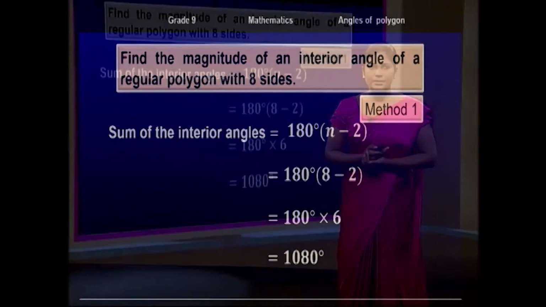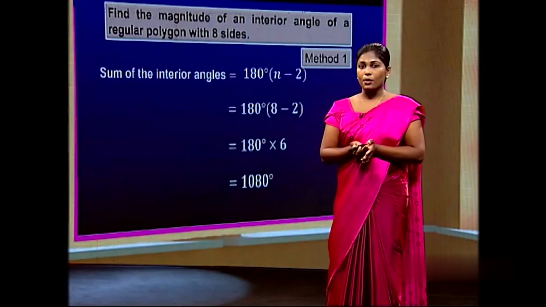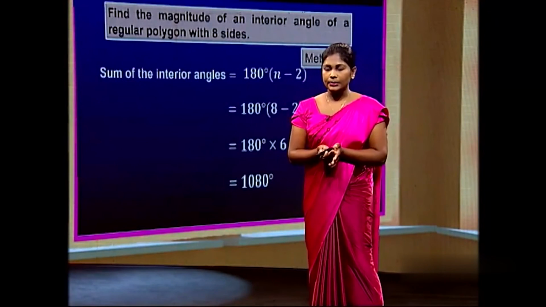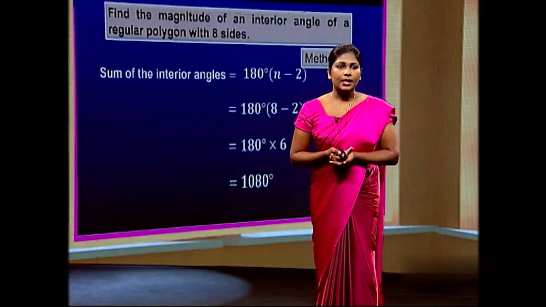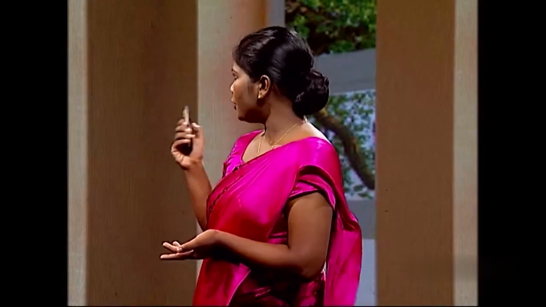So 180 degrees into 6 is equal to 1080 degrees. So the sum of the interior angles of an octagon, that means there are 8 sides, is equal to 1080 degrees. In here we have to find the magnitude of an interior angle. So what do we have to do? Look at that.